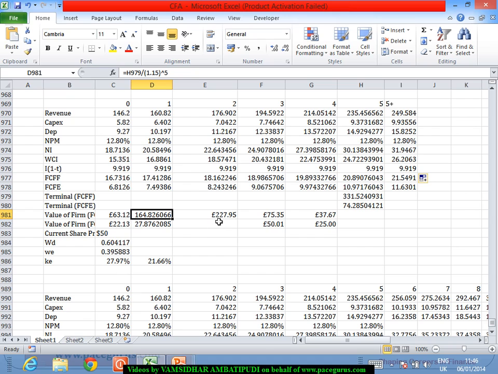The free cash flows are going to be something like this and working out to be this number.